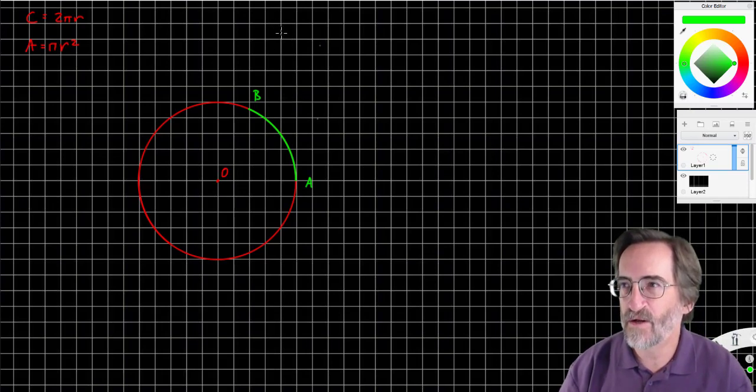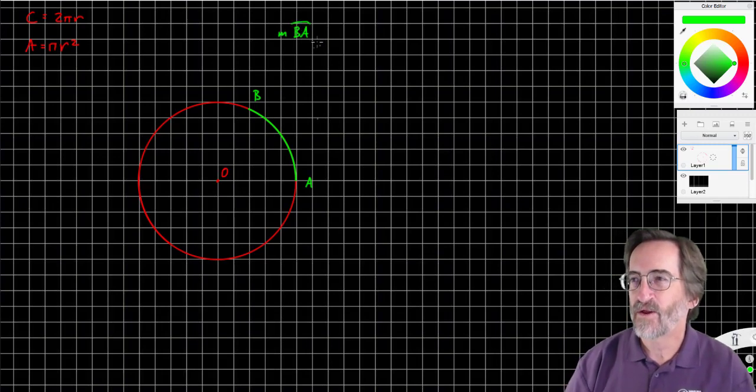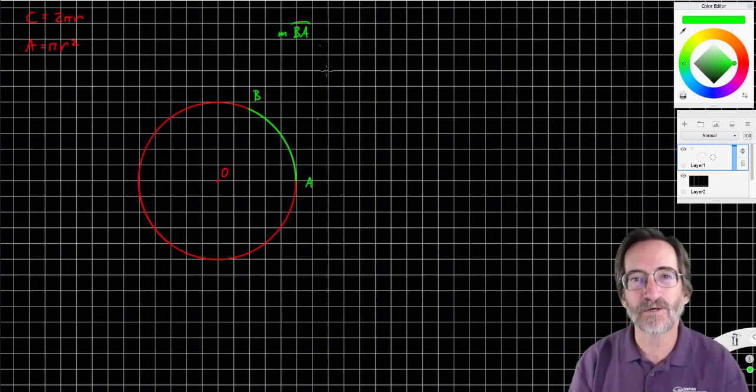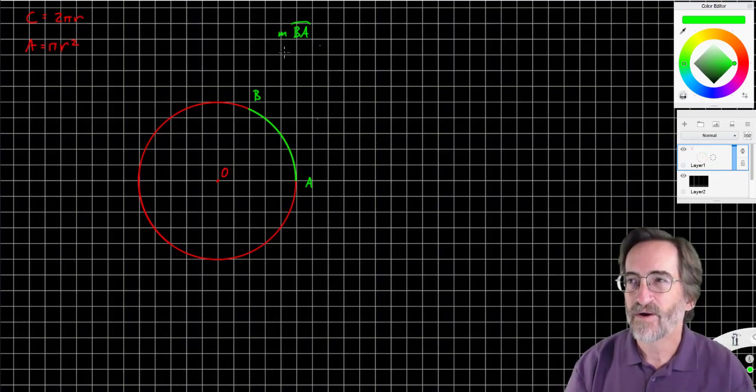So the measure of arc VA would be the arc length. And the arc length is a unit of distance, just like anything else. It's just distance along a curved path, right?